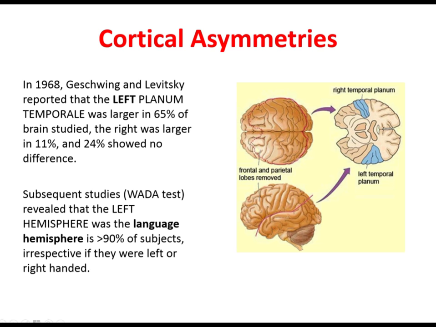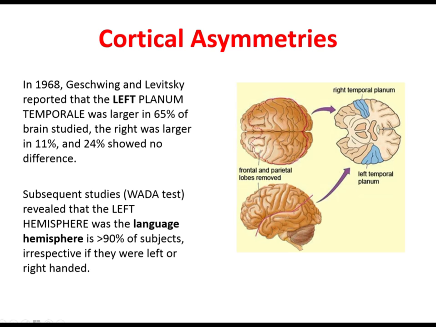So first, before we get into language processing, I want to talk about cortical asymmetries. By asymmetries, we mean that there are certain differences between the left and the right side of the brain as far as the overall functional or anatomical asymmetries. In 1968, Geschwind and Levitsky did a study where they reported on the left planum temporale, shown here on the right-hand side in your diagram, where they removed part of the frontal and the parietal lobes.